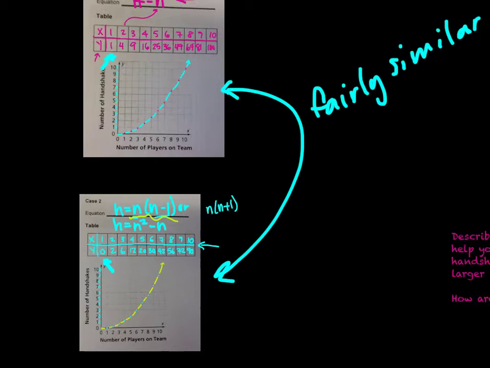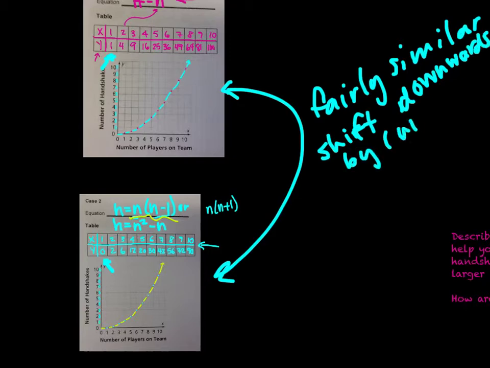What I would say is I see a shift downwards between the 2 graphs by 1 unit, just simply because of this first point that I see here versus this first point that I see here. I think there was a shift downwards between those 2 graphs.